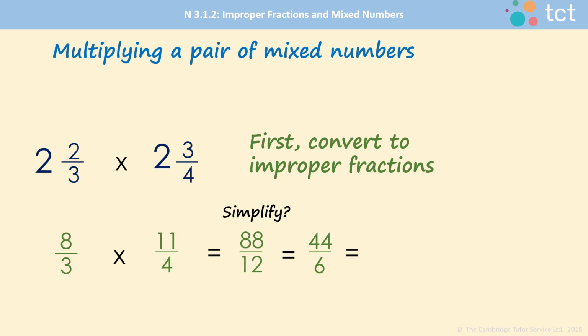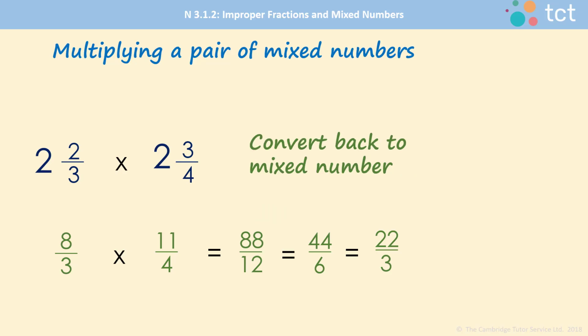If I divide 44 by 2, I have 22, and if I divide 6 by 2, I have 3. And we can't go any further with that, so now we're going to convert it back to a mixed number. How many times does 3 go into 22? Well, 3 times 7 is 21, and we have 1/3 left over.